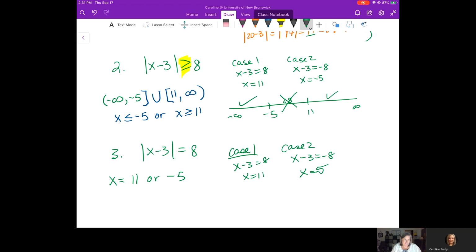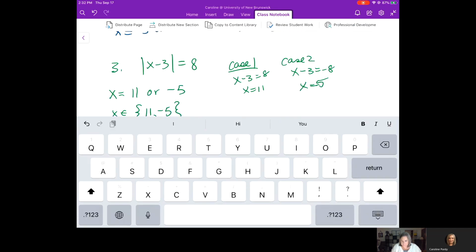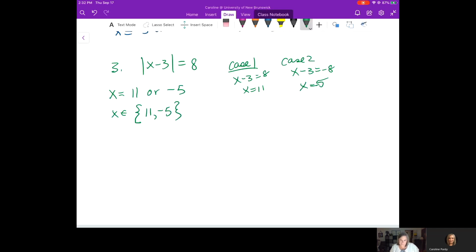And if we did want to write this in set notation, we actually just write it like this. X is an element of, and then we put a curly bracket, which means we're just going to have a list in here. Anything in a curly bracket like that is a set, called set braces.